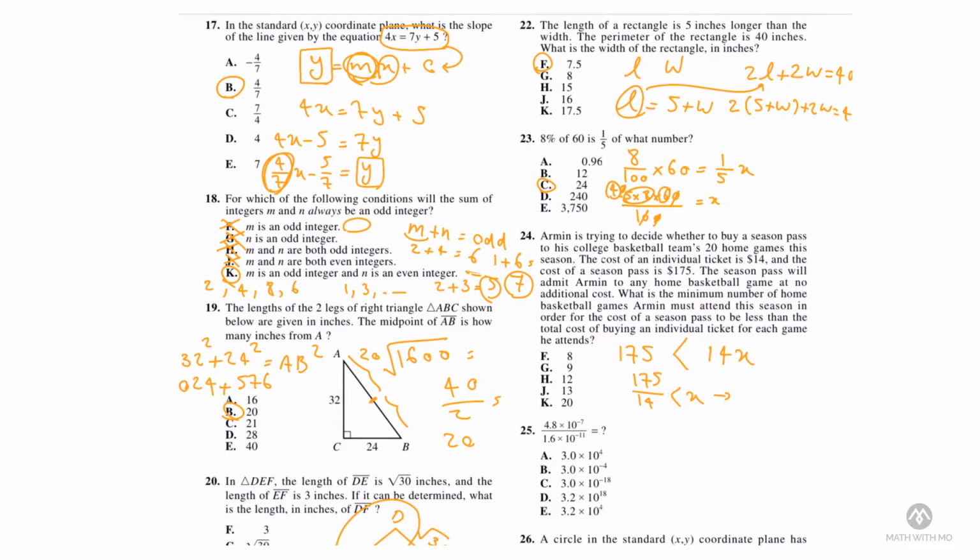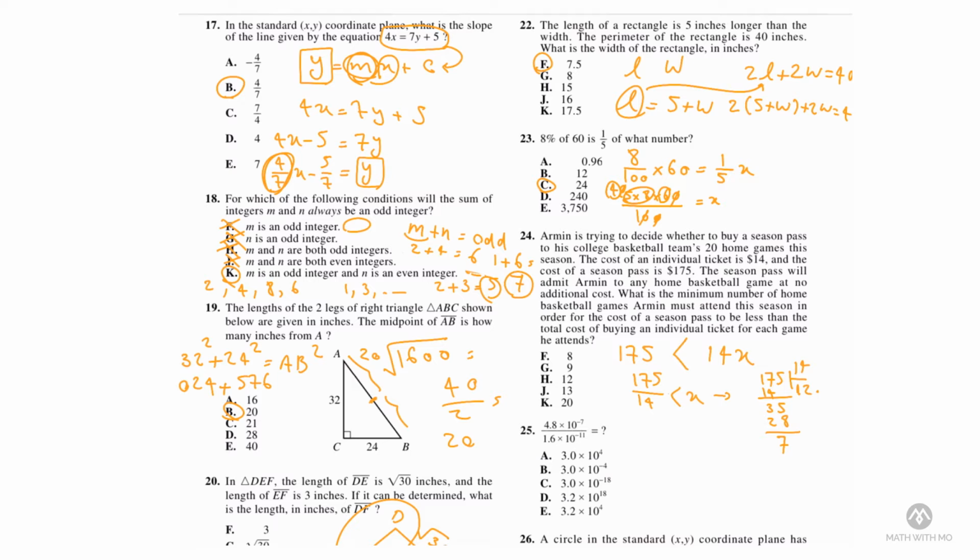From here, 175 divided by 14: 1 times 14 is 14, 3, 5. 2 times 14 is 28. So I'm not going to get a whole number. I'm going to get a fraction, right?